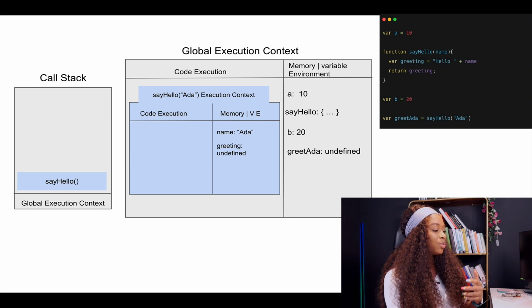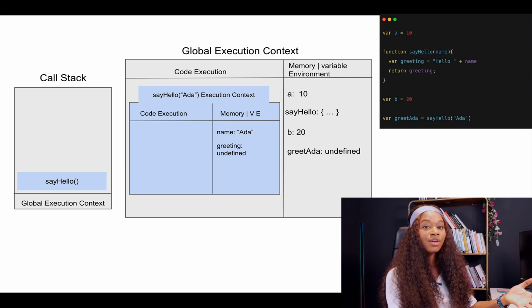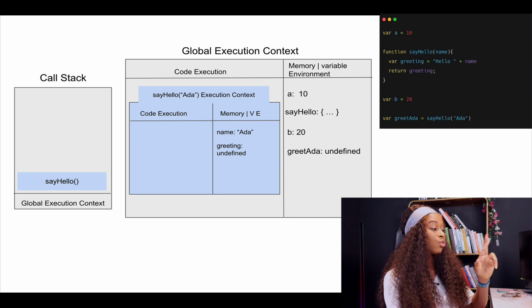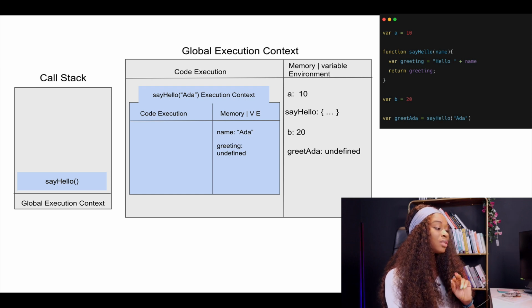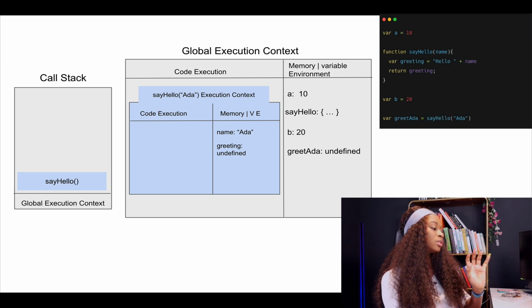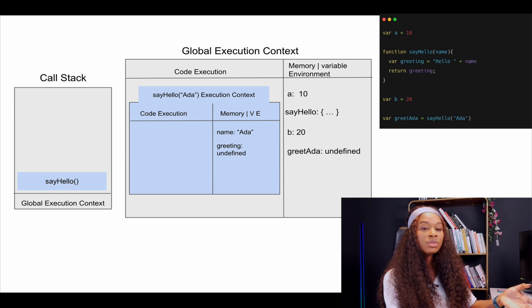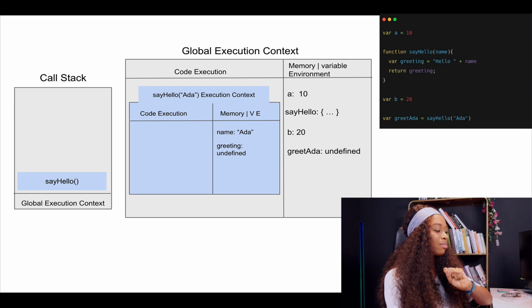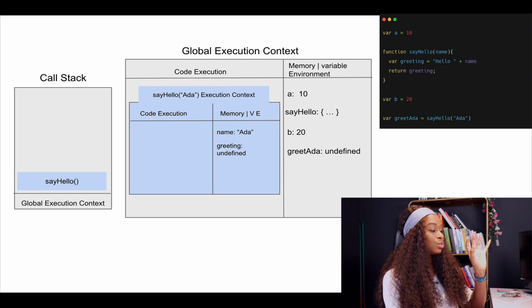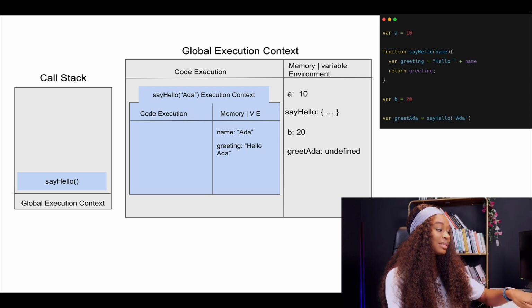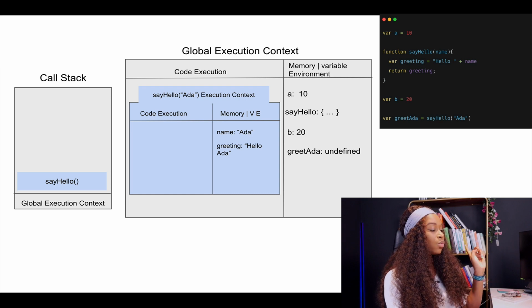On the next line we have the variable greeting, and greeting is supposed to be assigned the result of concatenating these two strings. So JavaScript just looks for what name holds in memory. The value of name is adder, so it does the concatenation, and the result, hello adder, is then assigned to greeting. And then we move to the next line.